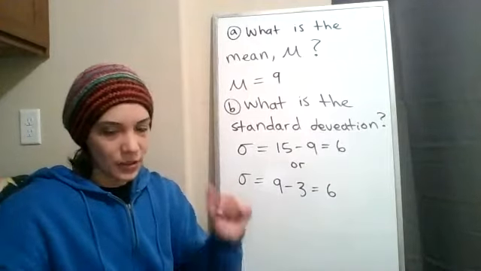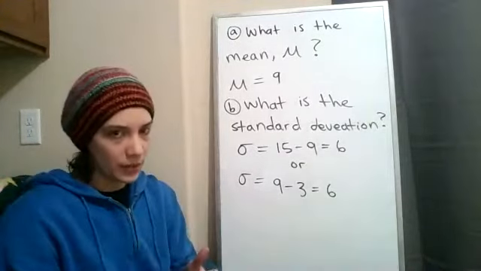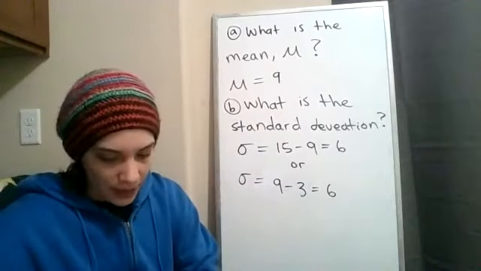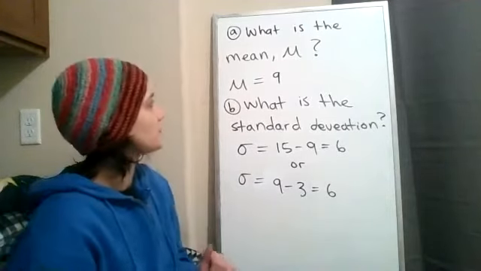One more like this. So I'm going to draw the graph, and then you're going to read from the graph. Okay, so we have a distribution.